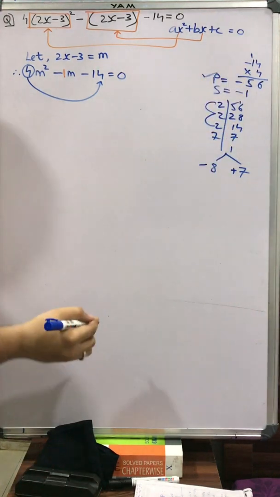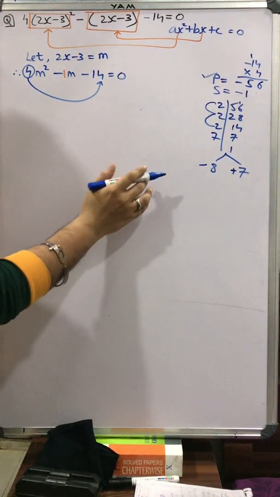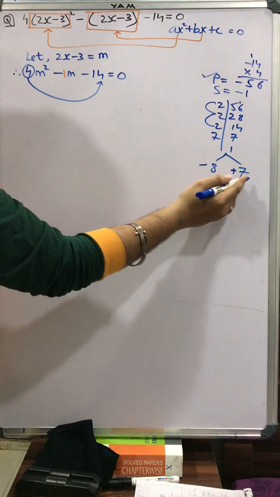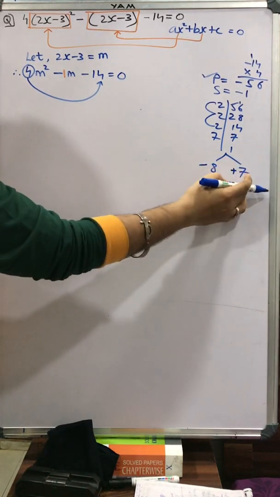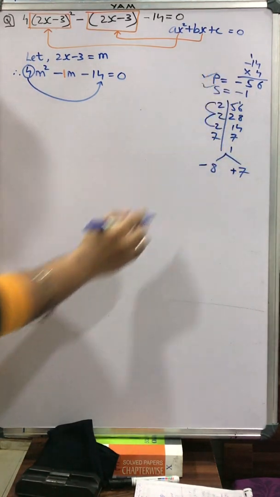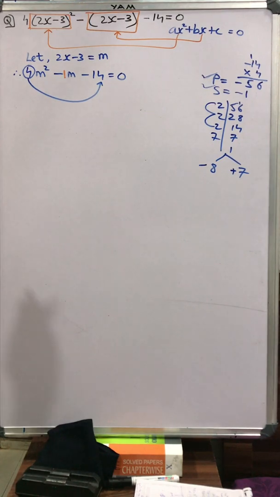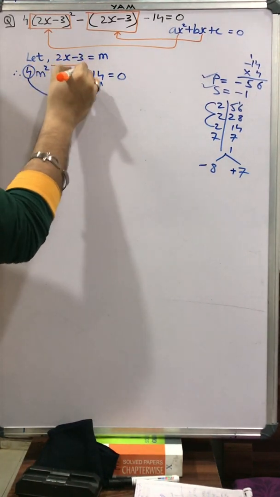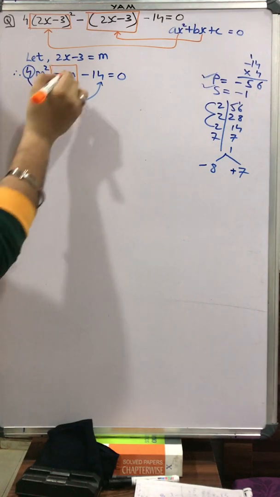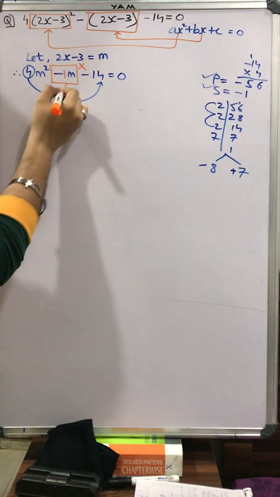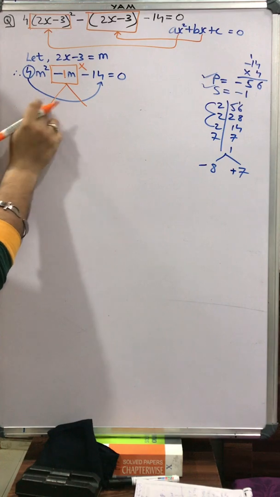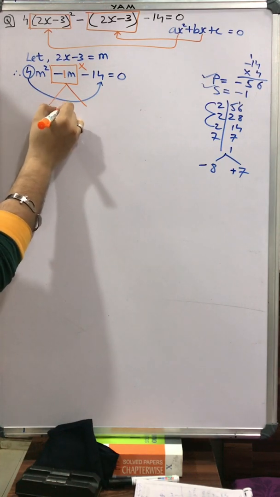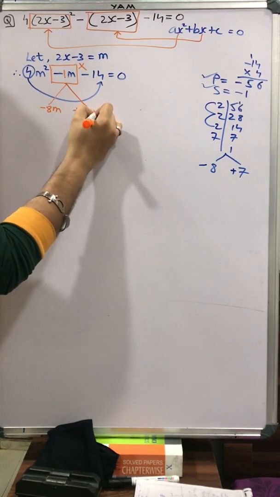Amazing. And when -8 and 7 are added, -8 plus 7 is -1. I also got this, and we are solving this with the method of splitting of the middle term. So my middle term is this -1m. I will not write this. Instead of this, what will I write? I will write -8m and I will write +7m.